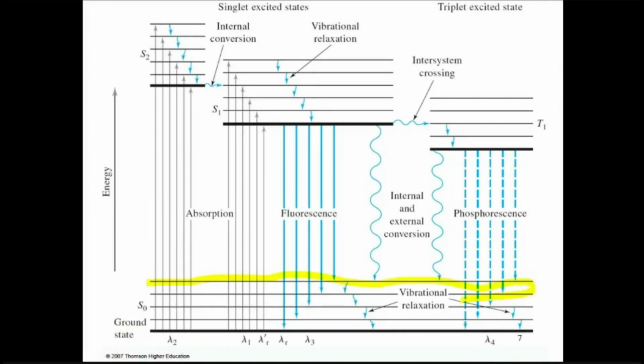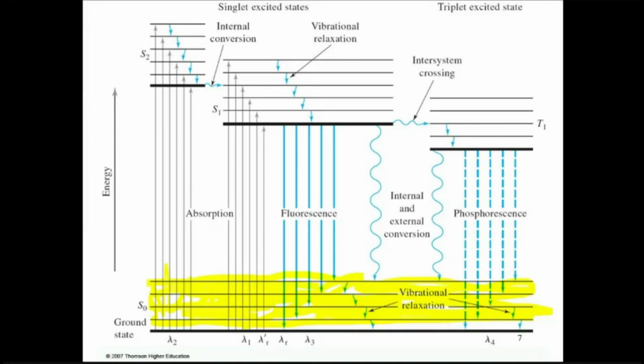These four levels which you can see over here, all of them represent the ground state. Although it is a ground state, it is associated with four vibrational levels.